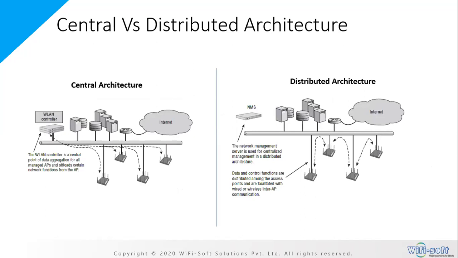And it takes a lot of decisions. In case of distributed architecture, there is still an NMS or some kind of server controller, but a lot of decision making is taking place between the access points. So the data and control functions are distributed amongst the access points, and it is facilitated by inter-AP communication. That is the distributed architecture.